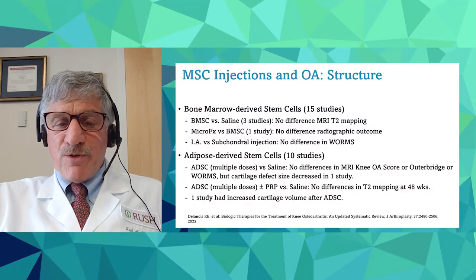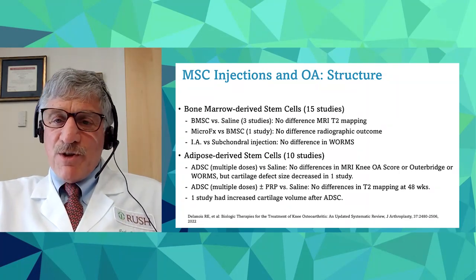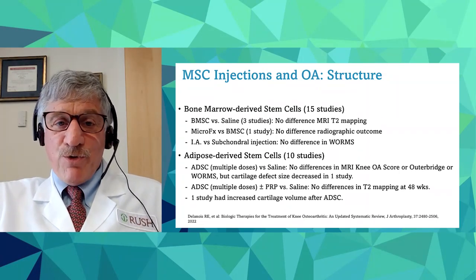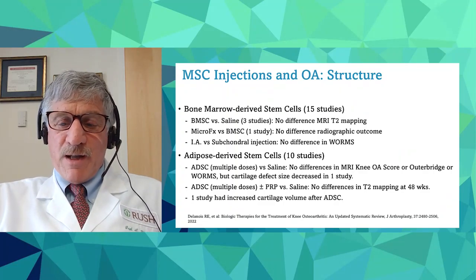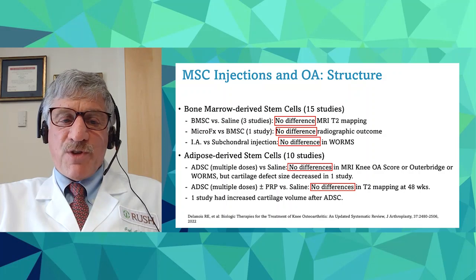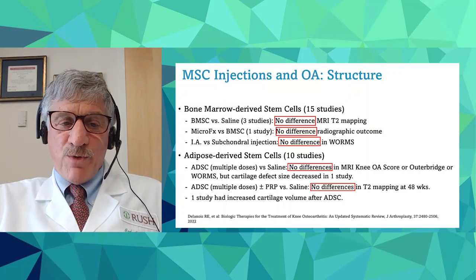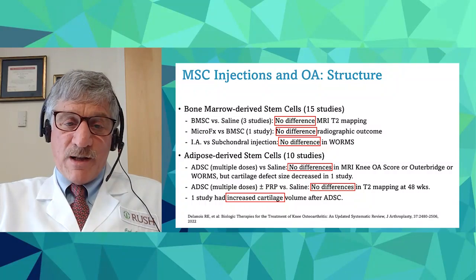Now, we are starting to accrue some real data. As I said, stem cells were originally used to preserve cartilage or grow new cartilage. What's been the benefit of them in humans? Well, there's a variety of studies, and to date, with one exception, every single one of those studies was null. The one exception said that they actually saw a little bit of increased cartilage volume.